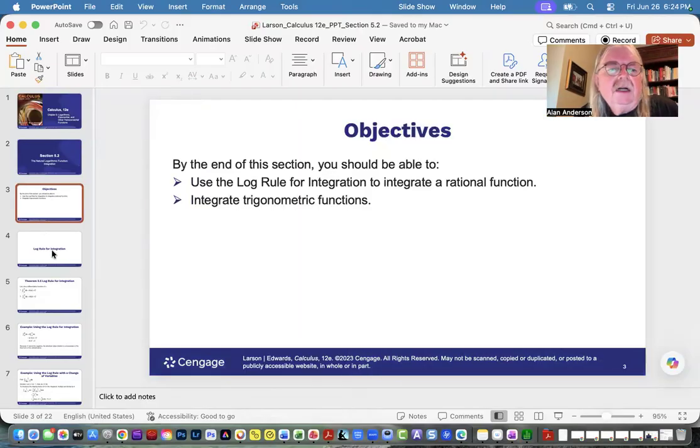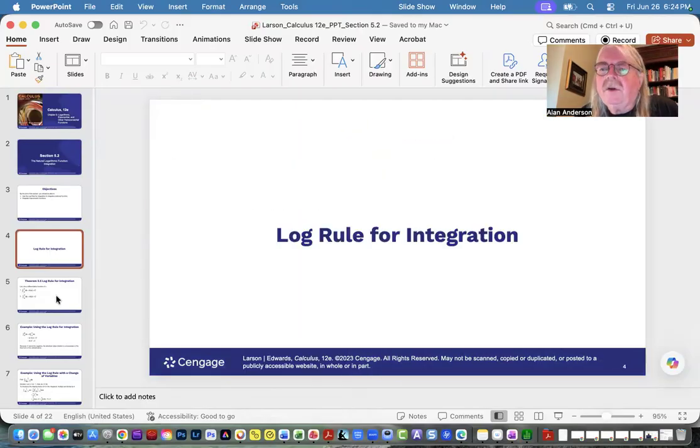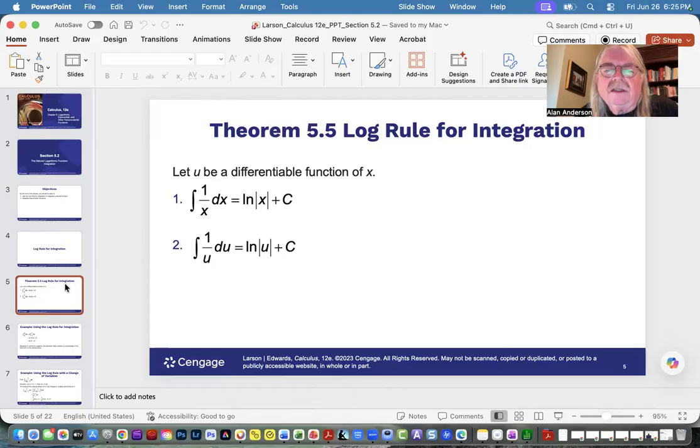Okay, so we'll start by integrating the natural log of x, or at least not integrating the log of x. We're going to integrate 1 over x dx to give us back the log of absolute value of x. If you look carefully here, you'll notice there's an absolute value sign.